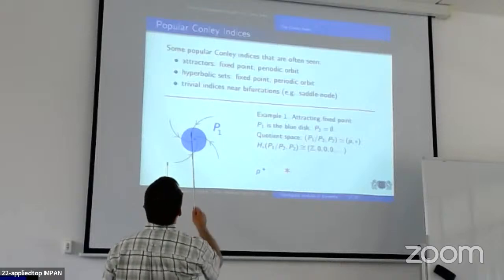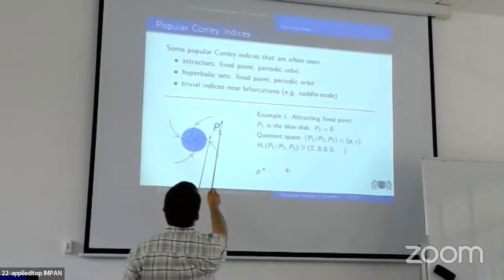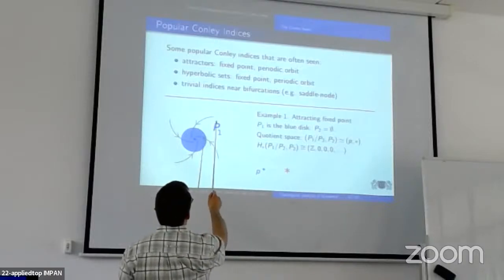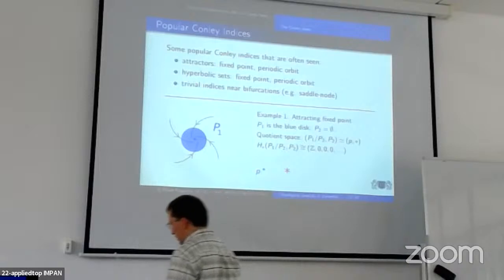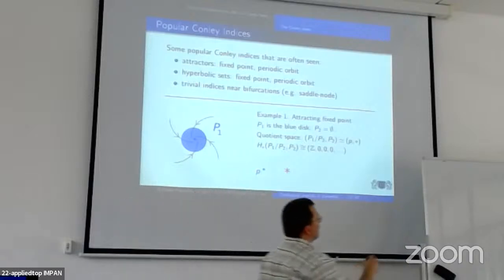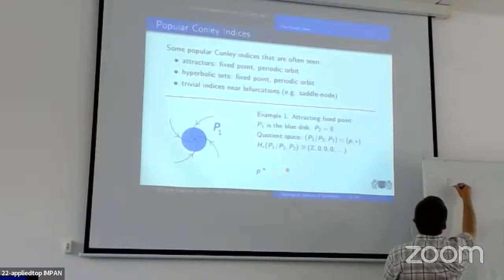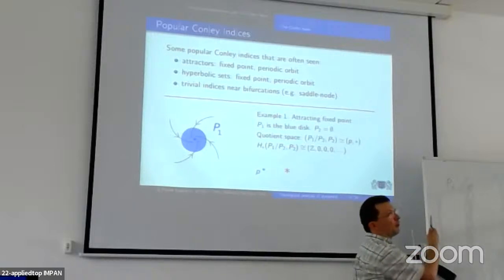Let me show what the Conley index looks like for an attractor, for example. For an attracting fixed point, we can take this isolating neighborhood. The exit set will be empty. So now we compute the quotient space. If you take, say, the set P1 divided by the empty set, you don't divide by 0, but this is topology.